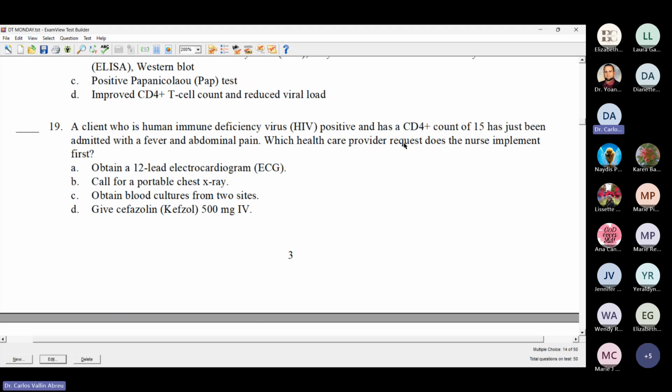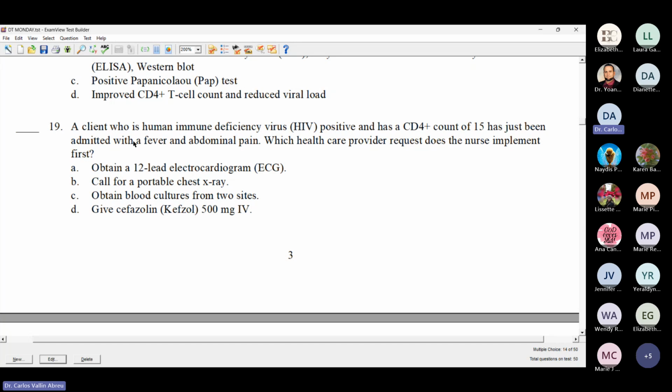In this question, they say the CD4 count is 15. It is extremely low. It is a client that is not receiving any treatment. This client has just been admitted with fever and abdominal pain. You don't see this situation nowadays. Nowadays, the highly active antiretroviral therapy is so efficient that usually clients with HIV have normal CD4 counts.